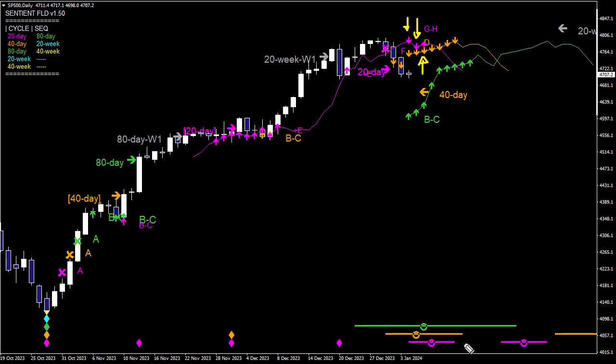The reason why it does that is because we are expecting an 80-day cycle trough. Following an 80-day cycle trough, the interaction that occurs after that would of course be an A category interaction, which will be an acceleration point for the signal cycle. That is why we are seeing a change from resistance to acceleration for the signal cycle.